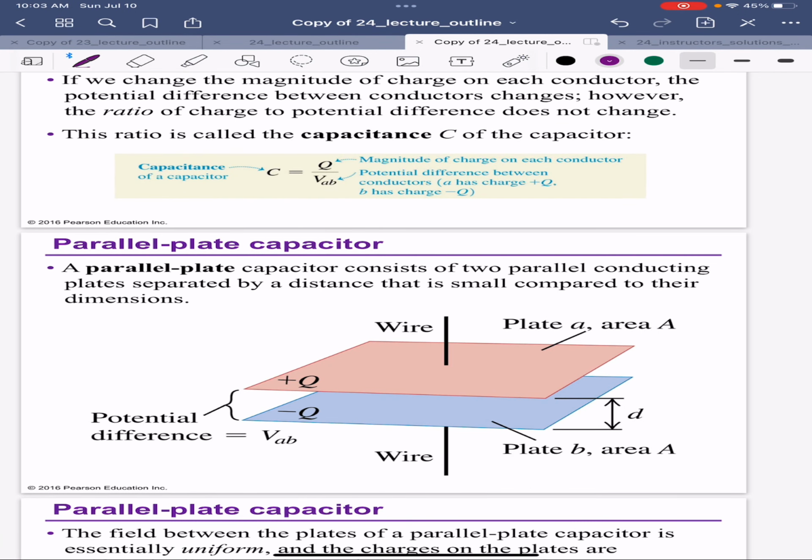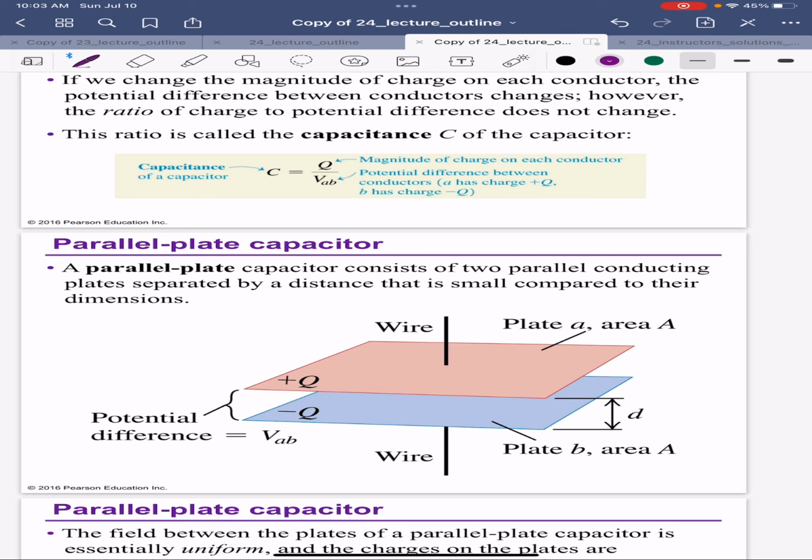We have, of course, different shapes, and even in industry they are made of different materials. The most common capacitor that we use is called a parallel plate capacitor, which consists of two parallel conducting plates separated by a distance, and that distance is small compared to their dimensions.